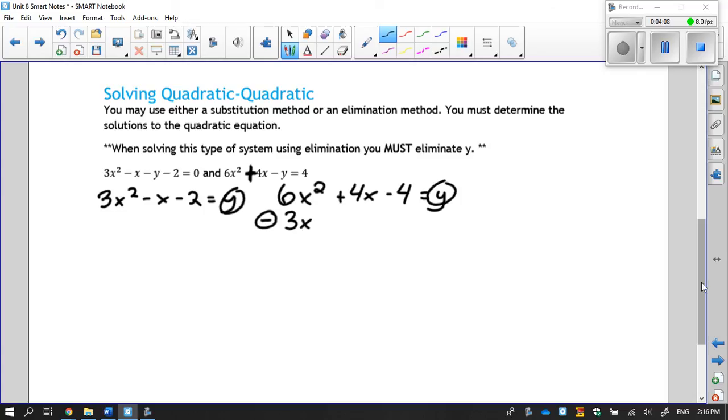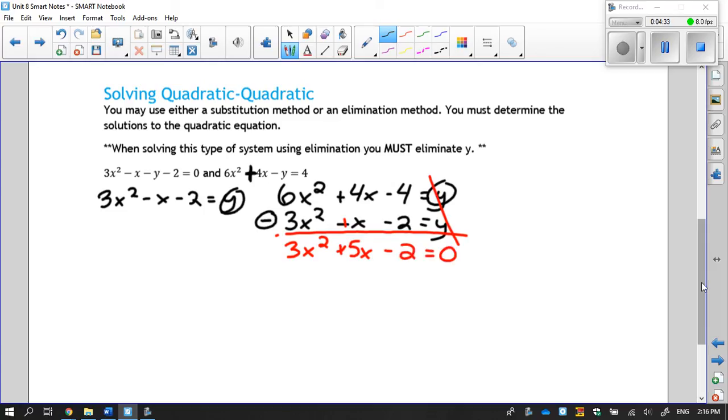So 3x squared minus x minus 2 is equal to y. Then this becomes 3x squared, 4x plus an x gives us plus 5x, negative 4 plus 2 gives us negative 2 is equal to 0.